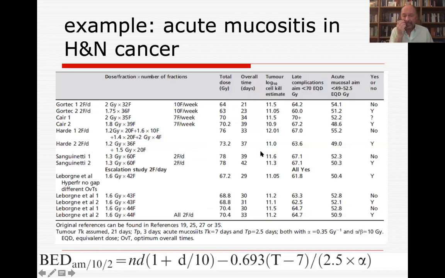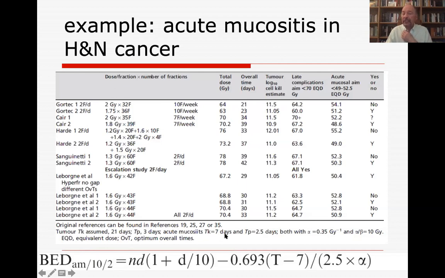And this is another example. This is actually acute mucositis in head and neck cancer. And again, you can calculate for different regimes. You can calculate the BED here using this formula. You see, for the tumor, you have Tk 21 days and Tp 3 days.